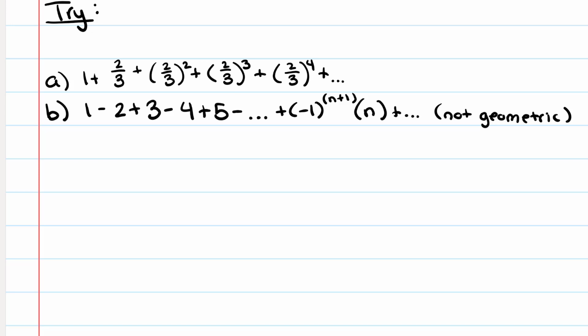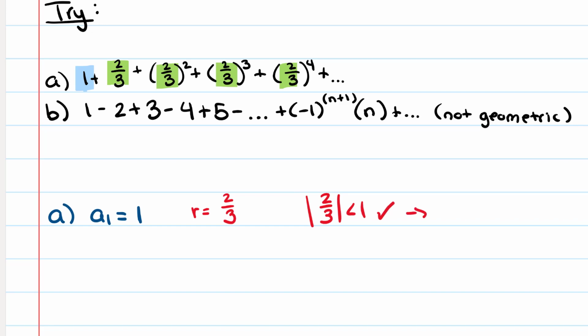Alright, so let's give it a go. So for part A, my first term, a sub 1, is just 1, which I get just from that first term. And I can see that r is the thing inside of the power every time. So I get r is 2 over 3. So then I need to make sure that the absolute value of 2/3 is less than 1, which it is, which implies that my series is going to converge.